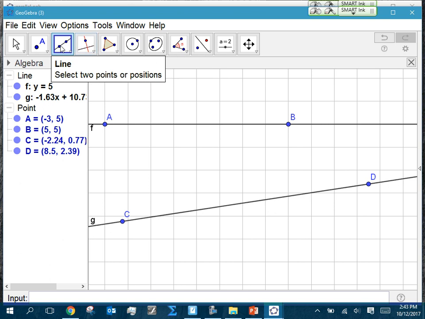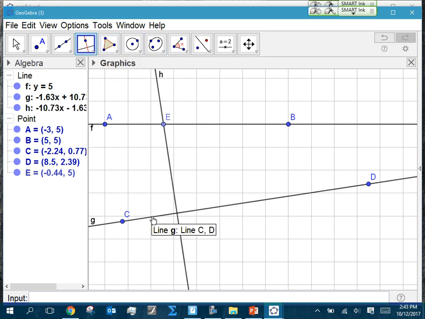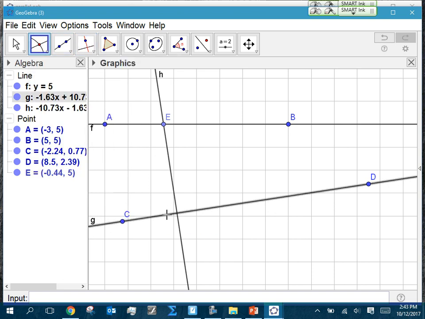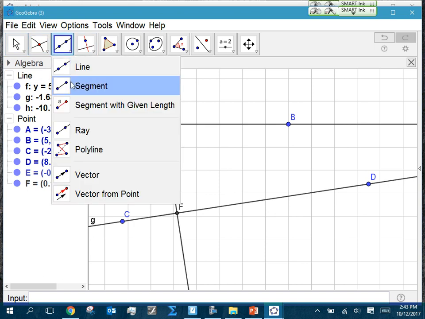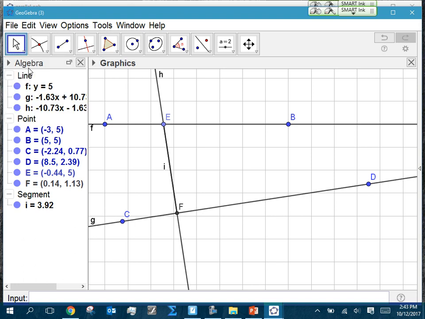If I find a point on that line, and I want to go perpendicular from that point to that line, that is going to provide me the shortest distance from that top line to the bottom line. Okay? So that there is the shortest distance from E to that line right there, correct?